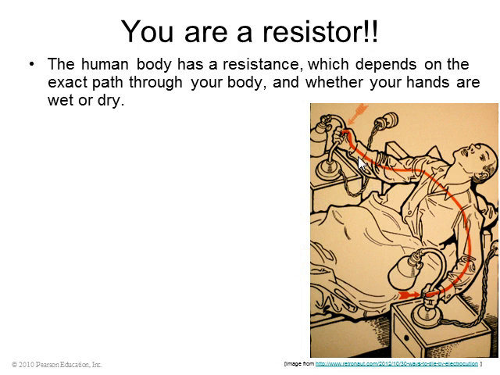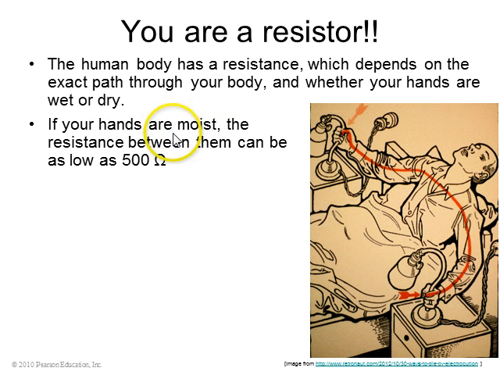You are a resistor. The human body has some resistance, which depends on what the exact path is of the electricity through your body and whether your hands are wet or dry. So if your hands are kind of sweaty, the resistance between your two hands can be as low as 500 ohms. So imagine you were to grab two broken light bulbs, and at some moment this was at plus 120 volts and this one was at 0 volts, grounding you out.